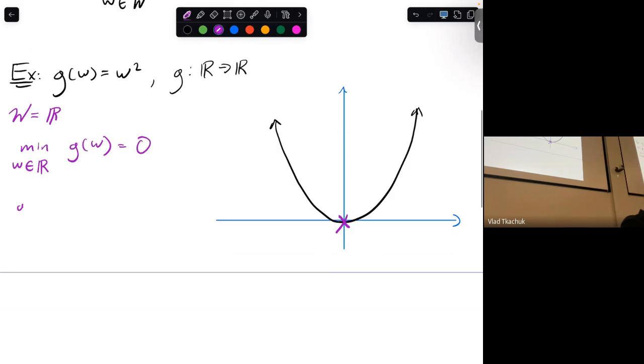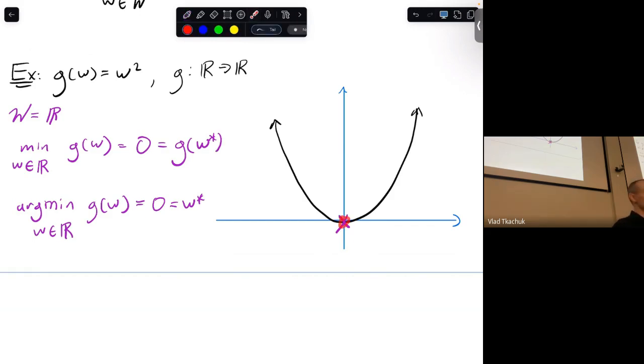And the argmin, which is the w that achieves this minimum, is, somewhat confusingly, also the exact same thing, which is also 0, and this would be w star. But you get the property that we talked about before, which is that the minimum value is the same as the function with the minimizer w star plugged in, right? Because g of 0 is just 0.